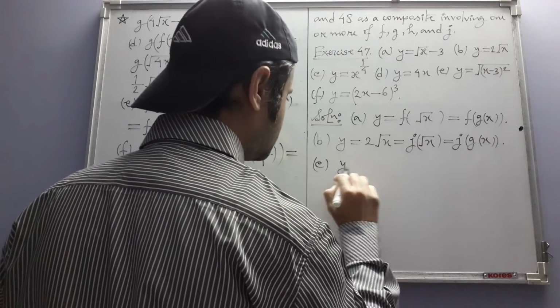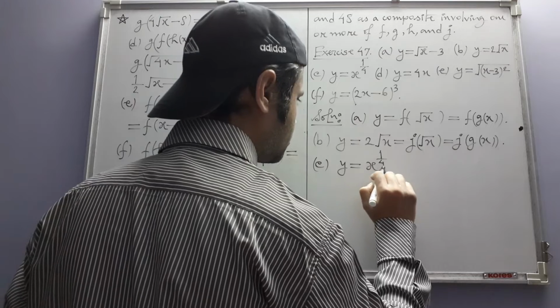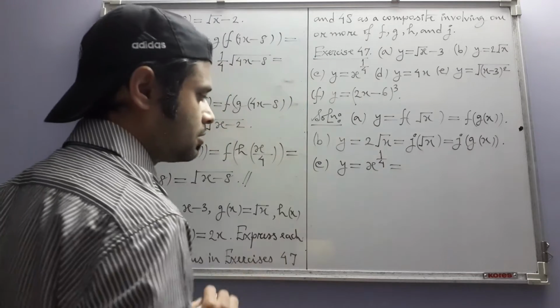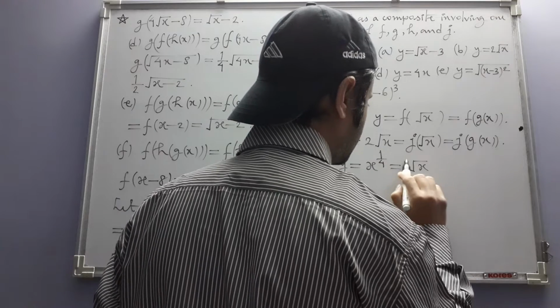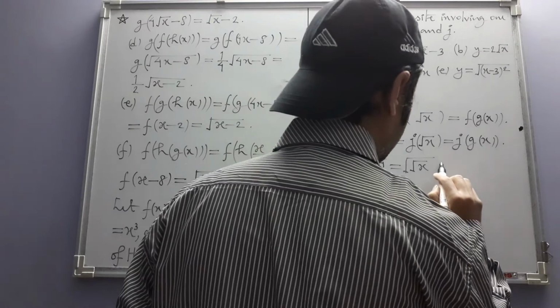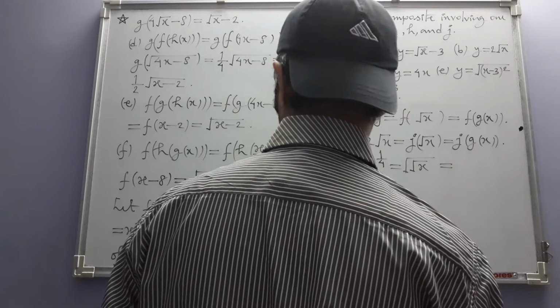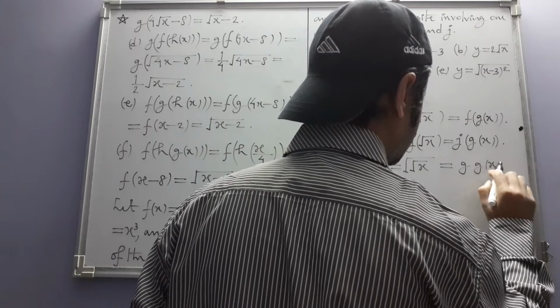C is this, you can clearly see, is the square root of the square root of x, which is of course g of g of x.